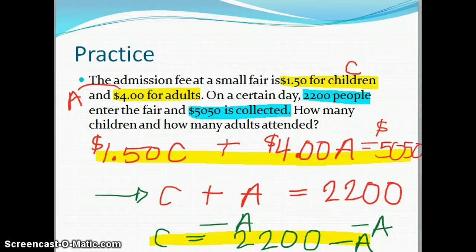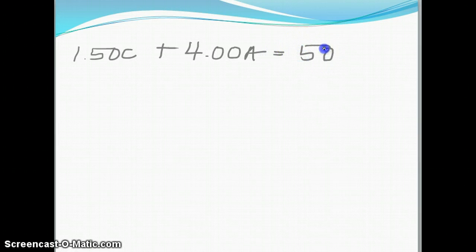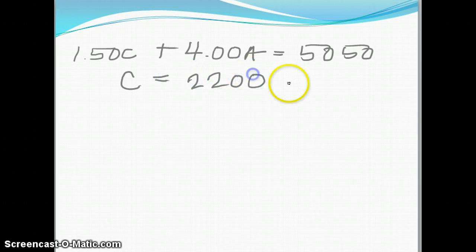I'm going to get a blank page here so we have some more room to write. So I have my first equation, $1.50 per child plus $4 per adult, and that gave us 5,050. And then I have the amount of children equals 2,200 people take away the adults.